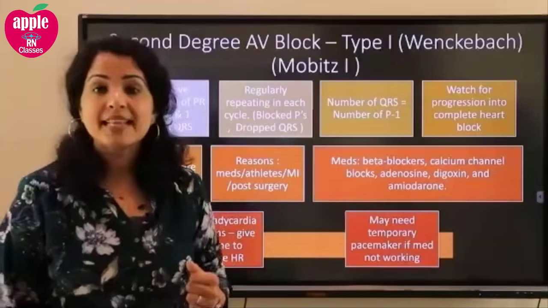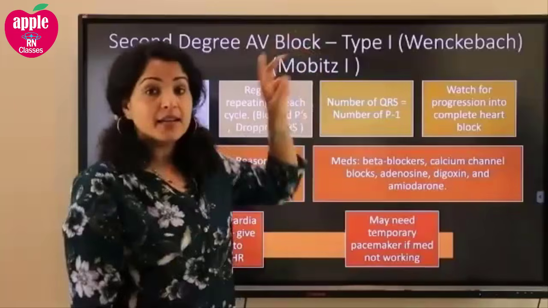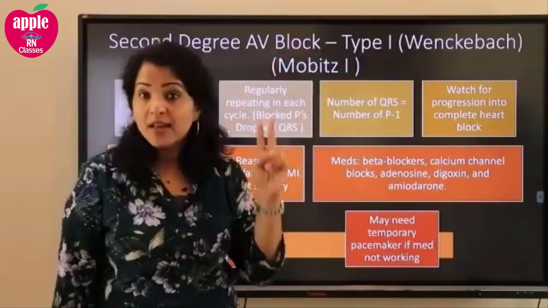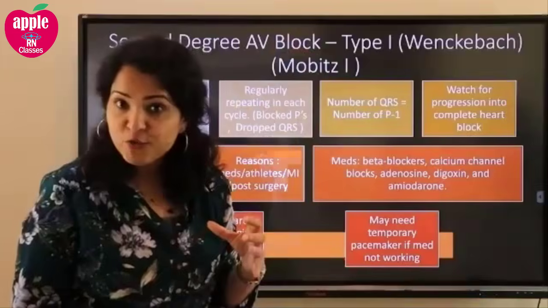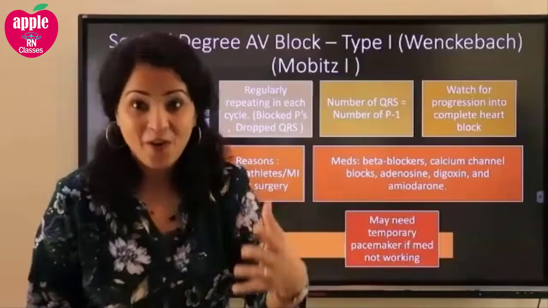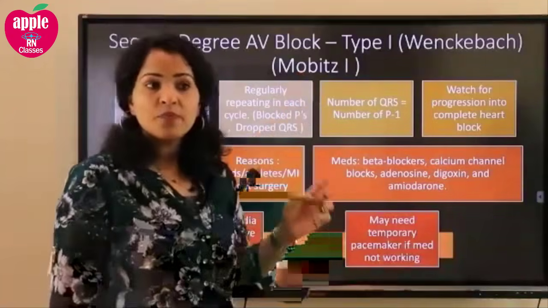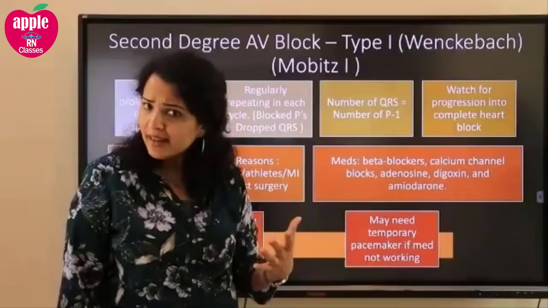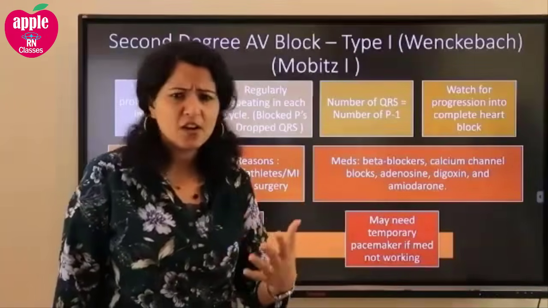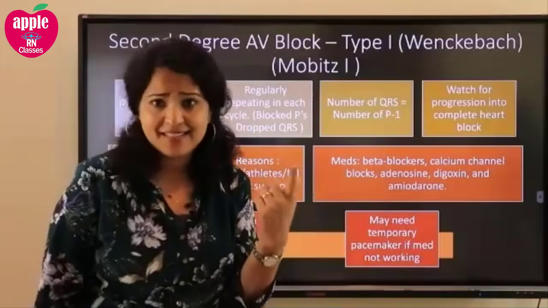Okay, so let's think about our husband-wife scenario in type 1, second degree heart block. Remember how the wife was waiting and the husband was taking longer and longer to come, right? That is what we are talking about here. So let's say when the wife realized that he is taking longer and longer to come, she smelled that there is something wrong.